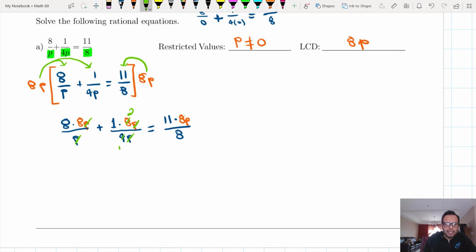And on the right-hand side of the equation, the 8's cancel. On the next step, let's write down what we are going to be left with. We get 8 times 8, which is the number 64, plus 1 times 2, which is 2, and that equals 11p.